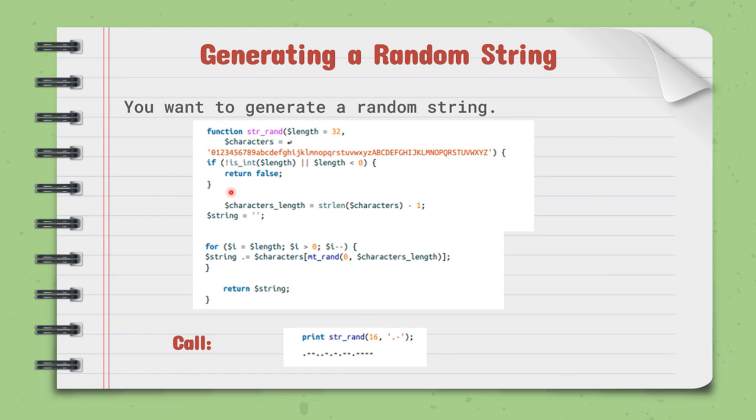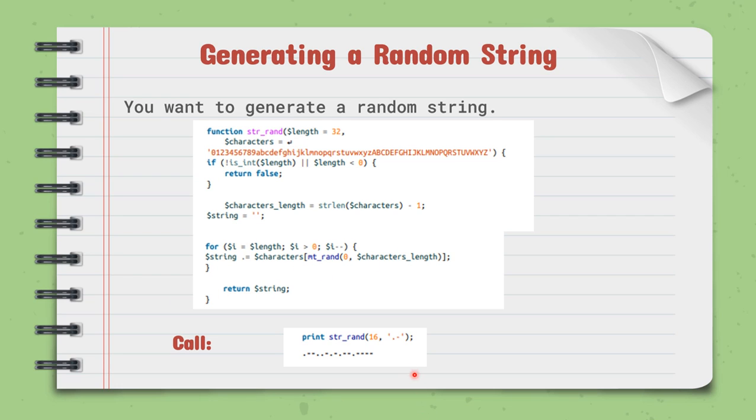You want to generate a random string. For this we have to write a complete function. It's not built-in, it's a function made by ourselves. In it we have two arguments. The first one is length and the second one is characters, and it performs all the functionality and returns the string.